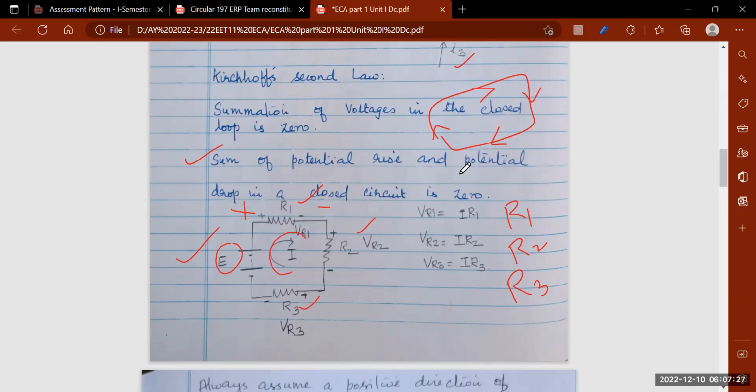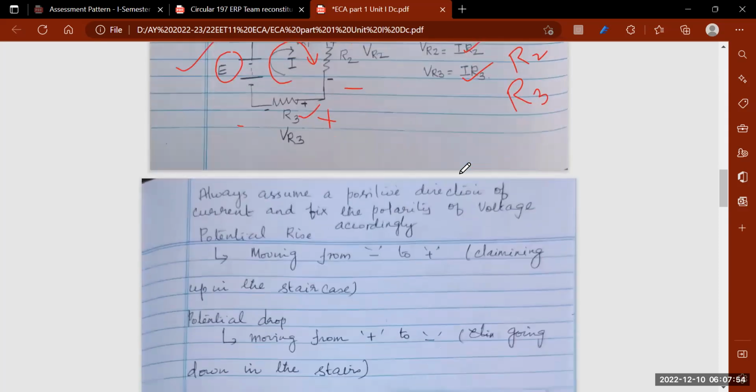I have taken current in the clockwise direction. So plus here, minus here, plus here, minus here. Now according to Ohm's law, the voltage across R1 is given by current multiplied by resistance. So VR1 is I into R1, VR2 is I into R2, and VR3 is I into R3. These are the voltages developed across the resistors.